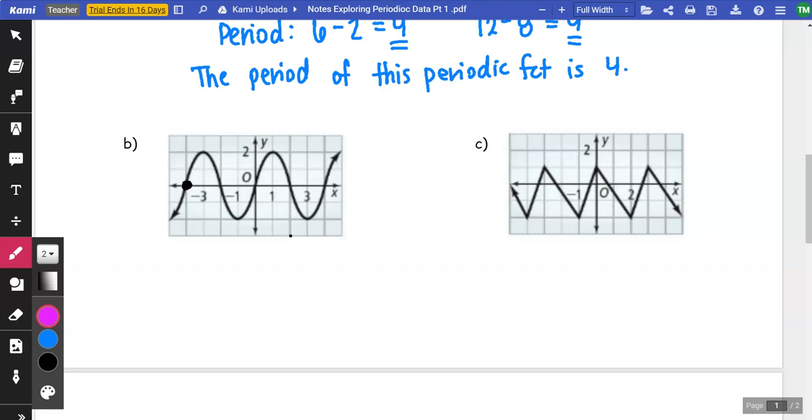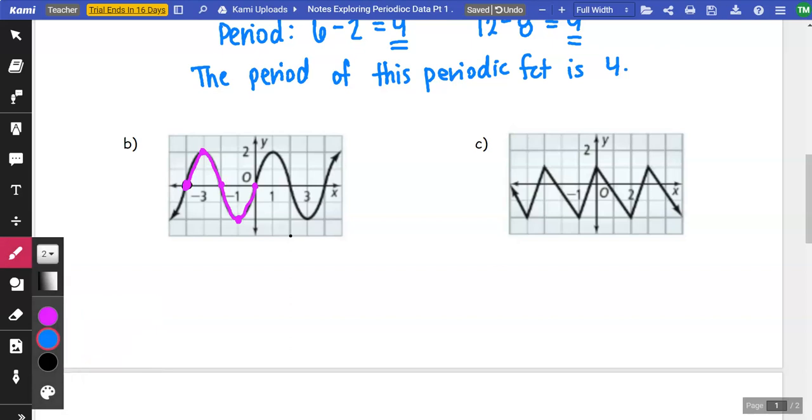So I'm going to start with this point here where y is 0. And I notice that y goes up to 2, back down to 0, but from there it goes down to -2 and then comes up to 0. So this is one complete cycle. Let's see if it repeats that cycle.